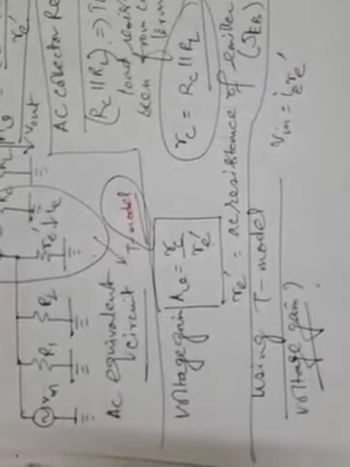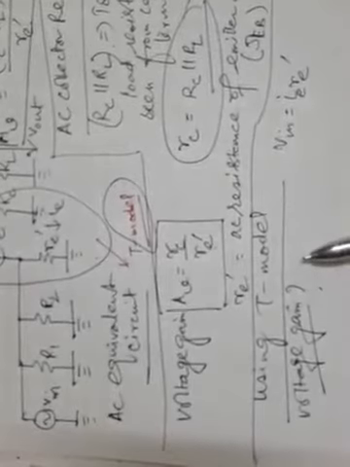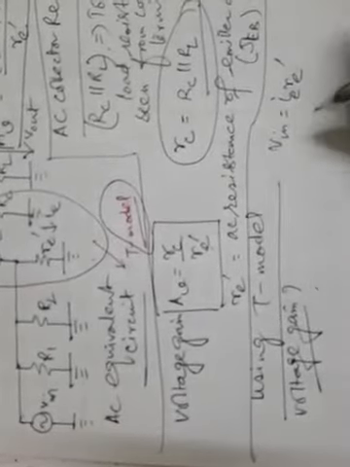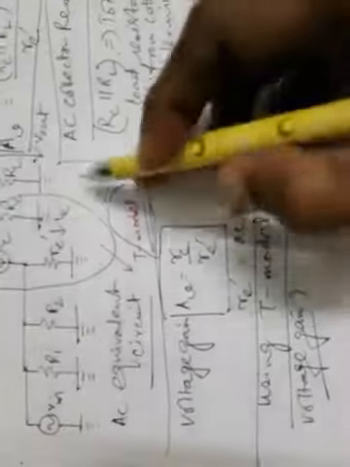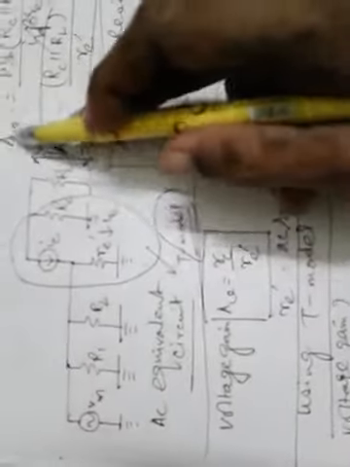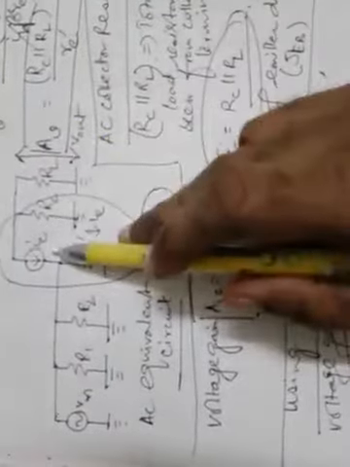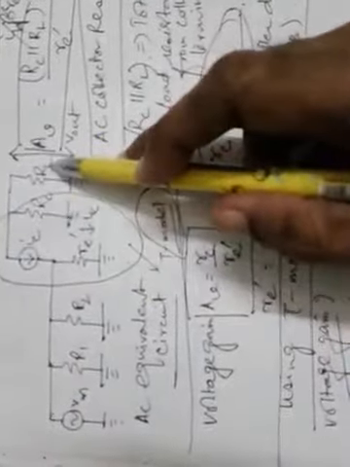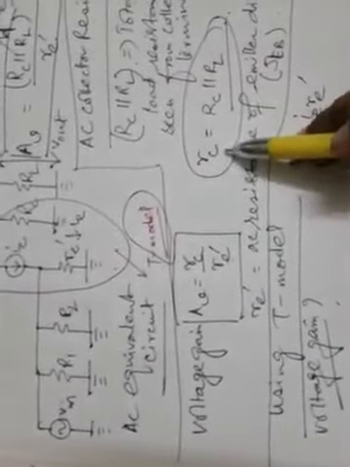In the collector circuit, the current source delivers an AC current IC through the AC collector resistance. So the AC output voltage Vout will be how much? IC is delivered to RC parallel RL, and RC parallel RL you have seen already, it is the AC collector resistance rc.